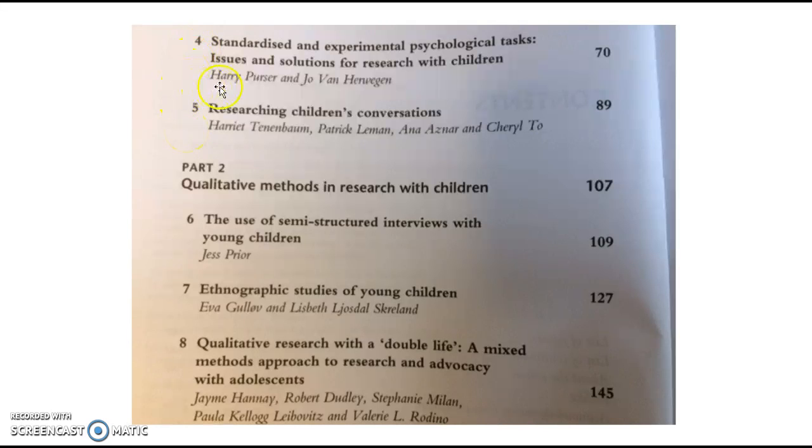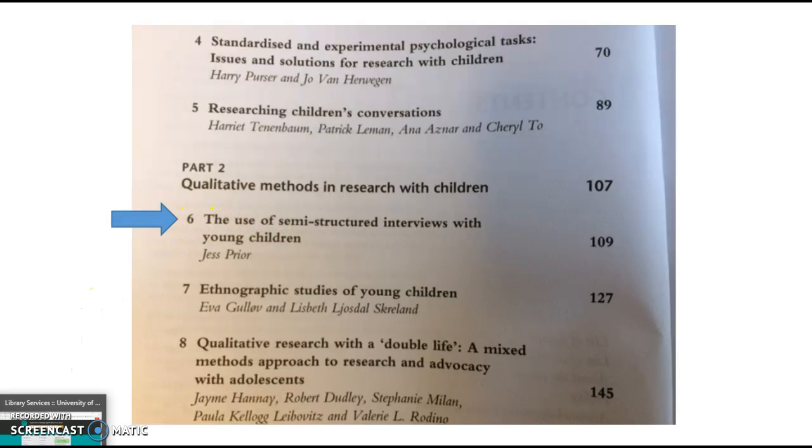Like here, chapter 4 was written by Purser and van Hervegen, or chapter 6 was written by Pryor. Chapter 7 is Gullov and Skreland, etc. So this is an edited book, and let's say that you want to reference this chapter.